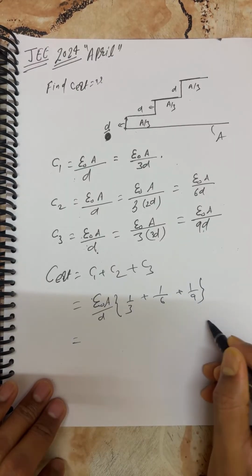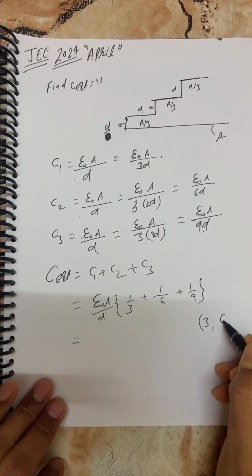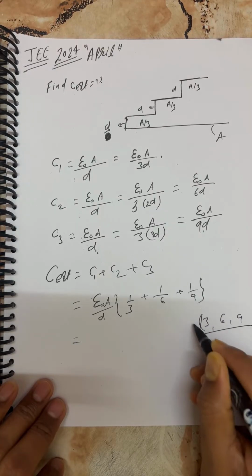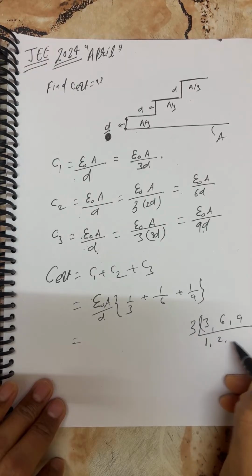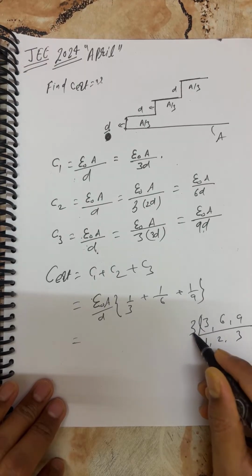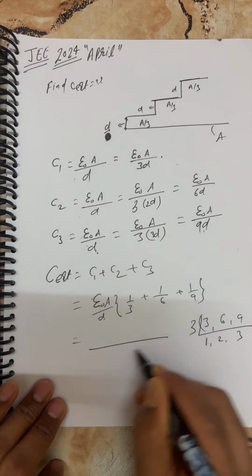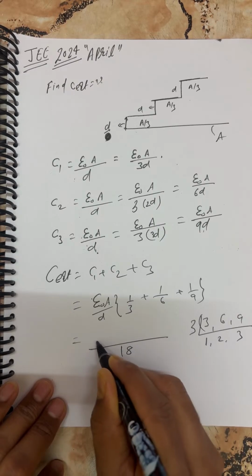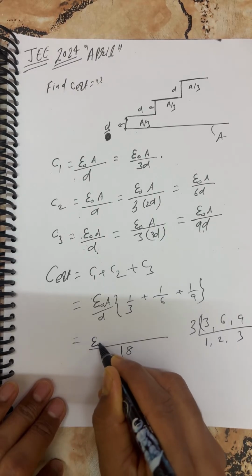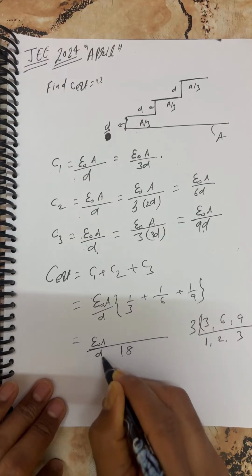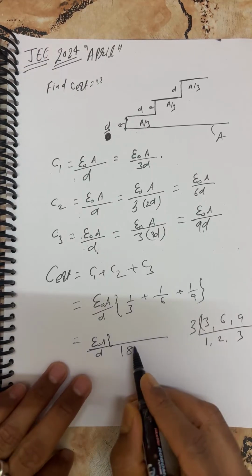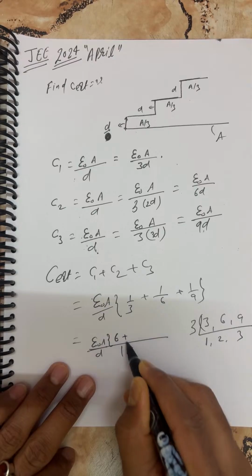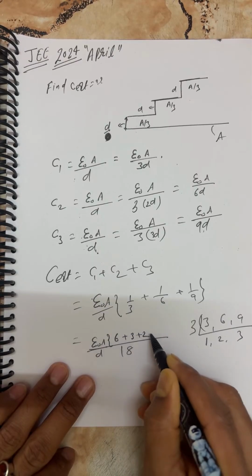Take your LCM, 3, 6, 9, that is 18. So 3 1s are 3, 3 2s are 6, 3 3s are 9, 18. There is no change in epsilon naught into A by D. Over 18, you can say this is 6 plus 3 plus 2.